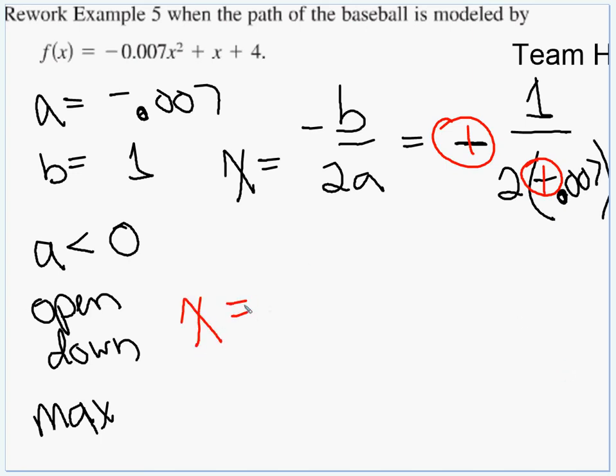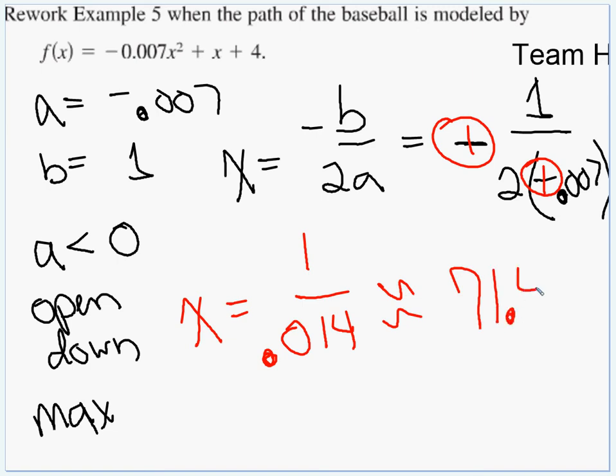So our x value is 1 divided by 2 times 0.007, which is 0.014. If we type that in the calculator, x is going to be approximately 71.4286 feet.